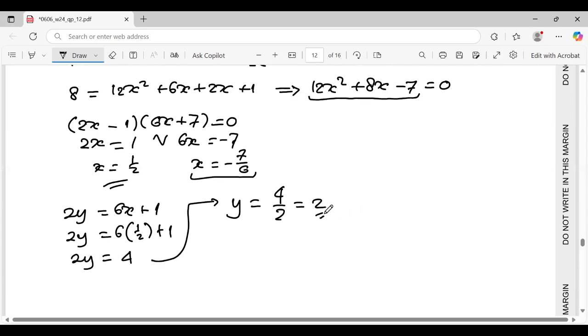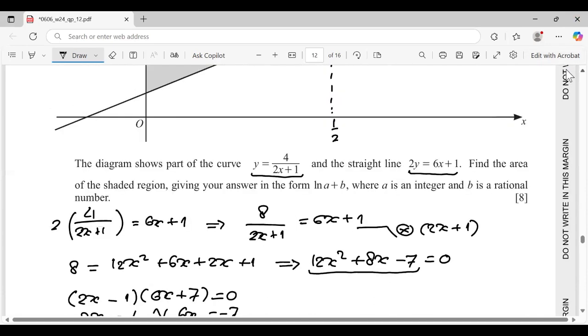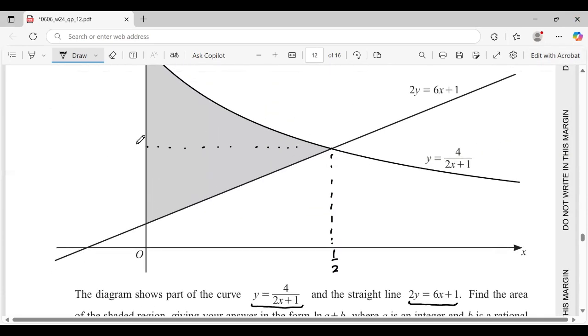So the intersection coordinate point is 1 half comma 2. This is 2 on the y-axis, and this coordinate point is 1 half comma 2.